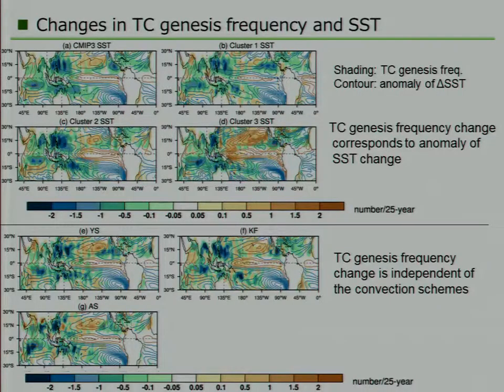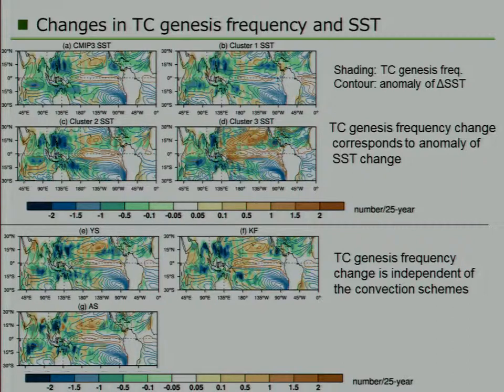And this shows the tropical cyclone genesis change and the SST change. The shading is the tropical cyclone genesis frequency, and the contour is the anomaly of SST change. This is the average of 3 experiments using the same SST change.